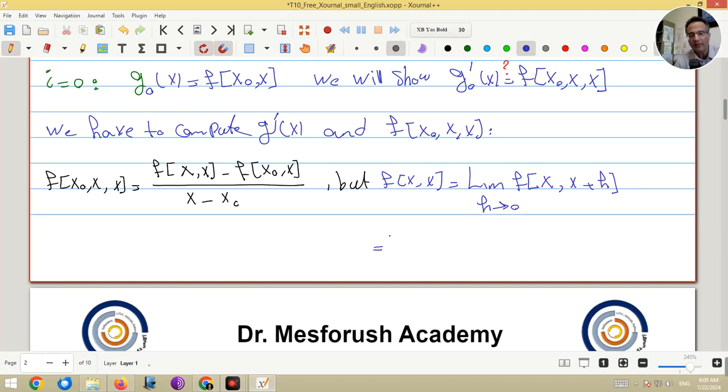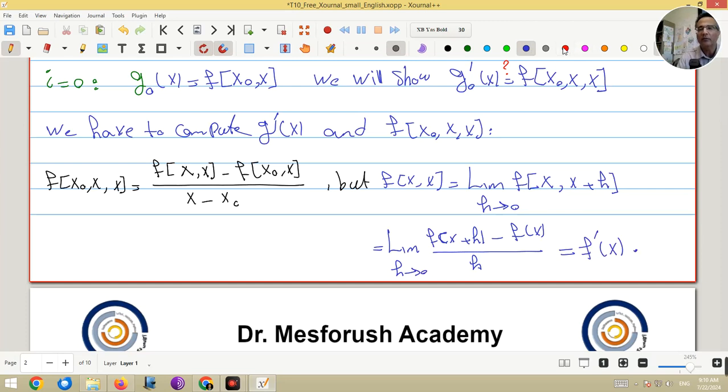And this is equal to the limit of f of x plus h minus f of x over x plus h minus x, over h, when h goes to 0, and by the definition of the derivative this is equal to f prime of x.